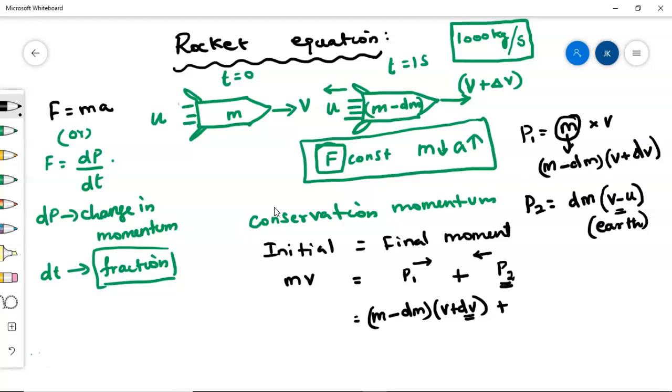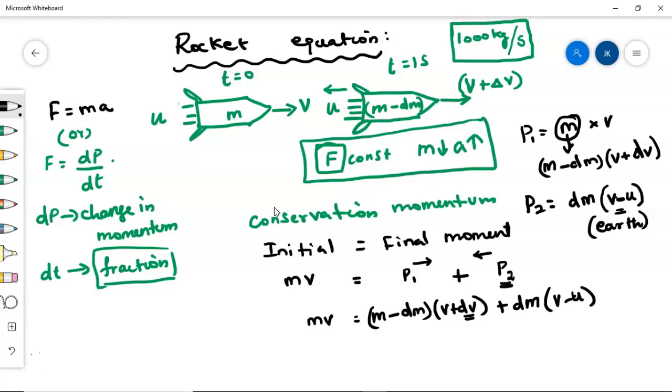It is just opposite from the rocket velocity, so we can assume negative here, but actually it is a different concept. You need to know the reference frame when we are watching the motion from the earth. So instead of p2, I'm going to write here the mass of fuel and the velocity of fuel, v minus u. It is the reference frame from the earth.